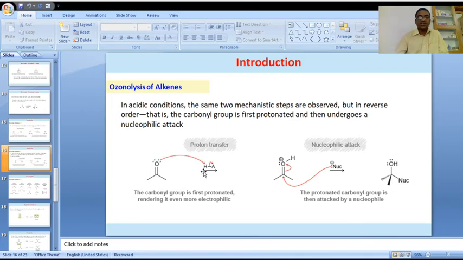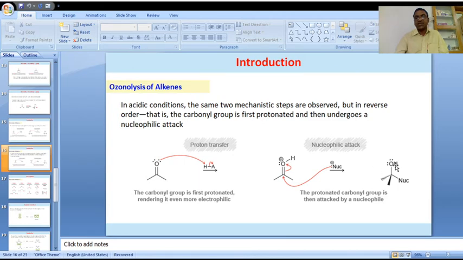In that case, the oxygen atom gets positive. With the attack of the nucleophile and cleavage of the pi bond, this positively charged oxygen gets neutralized.